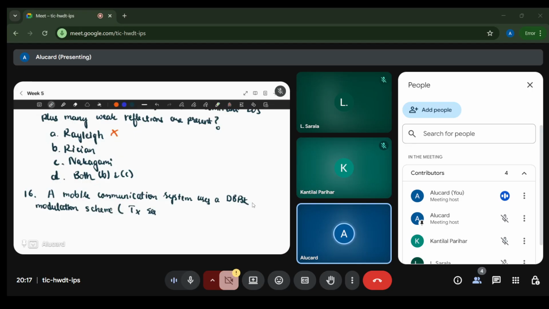So what that means is that we are assuming the transmitter sends zero at the beginning of the transmission.